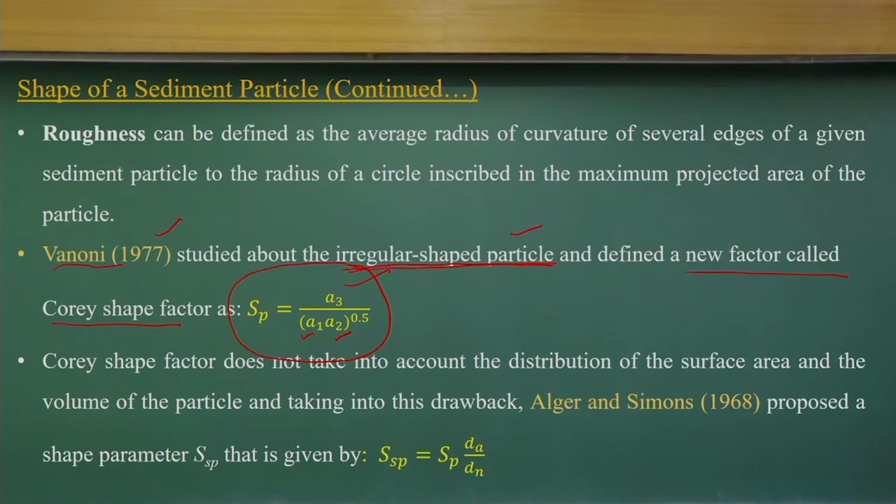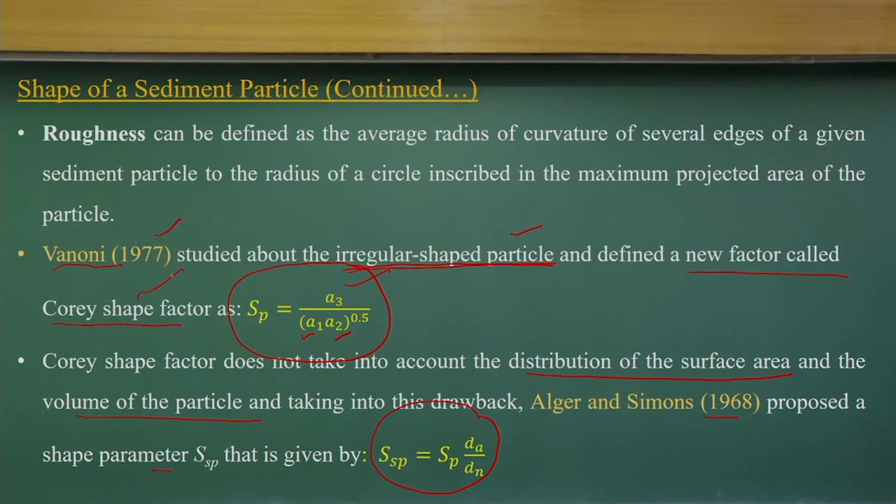Similarly, in the 1960s a shape factor was proposed, again with modifications, which considers the distributions of the surface area and volume of the particles. These look like empirical equations, but they come from a series of experiments on sediment particles, established as equivalent factors for the Core-Shape factor or the shape factors proposed by Algiers Simons in 1968.